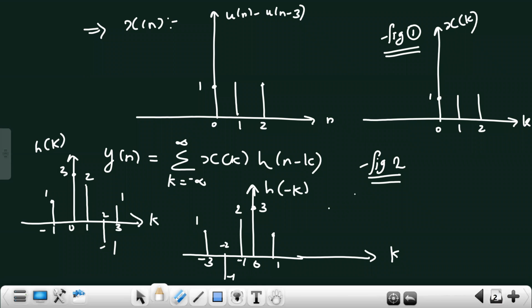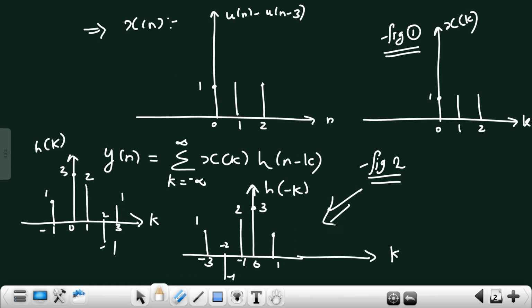You can call this figure number 2. So figure 1 is x of k and figure 2 is h of minus k. So you will access this in future, that is how you are going to multiply the elements. Okay, so let it be as such, figure number 1 and figure 2. Later we will use these two figures to produce the output.